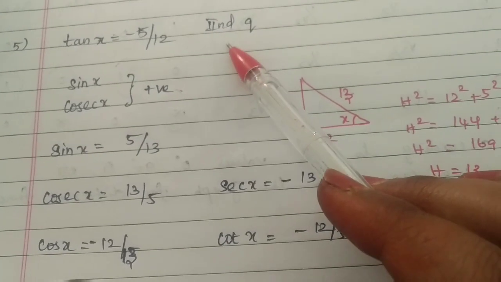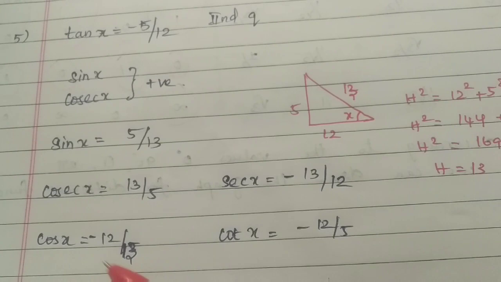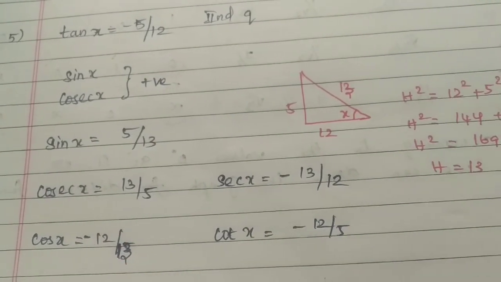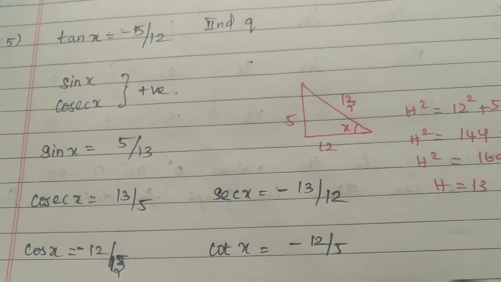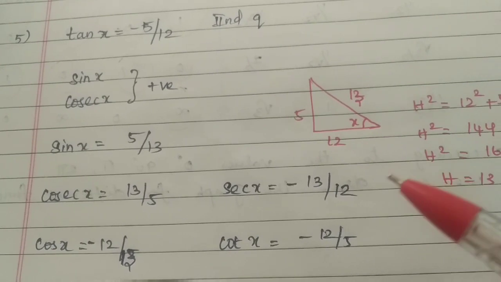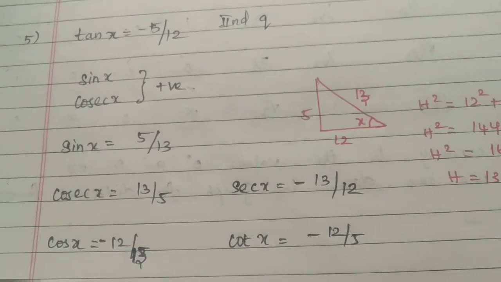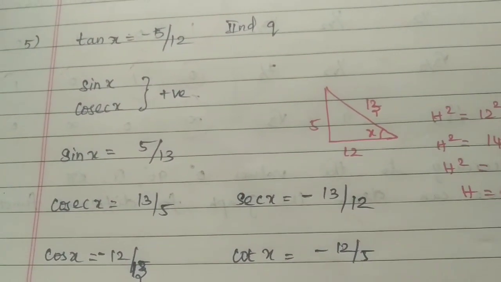Since it lies in the second quadrant, cos x is negative, therefore it is minus 12 by 13. Secant x is its inverse. Then cot x is minus 12 by 5, its inverse, otherwise you can write adjacent side divided by opposite side. According to the quadrant, the sign of the trigonometric ratios changes.